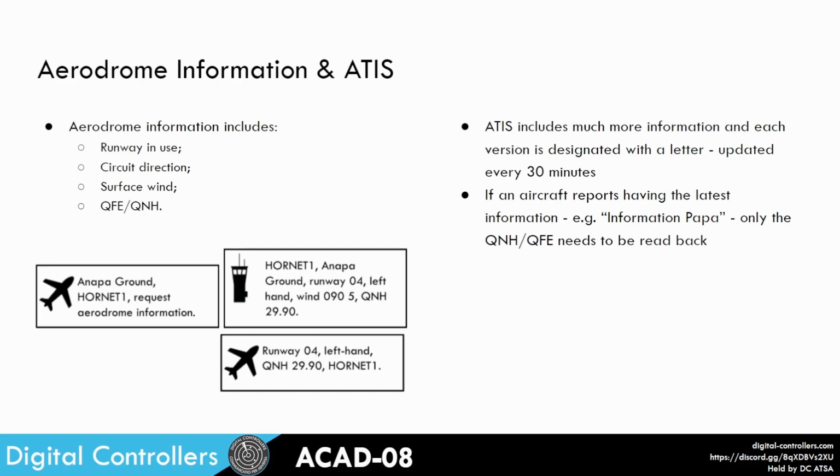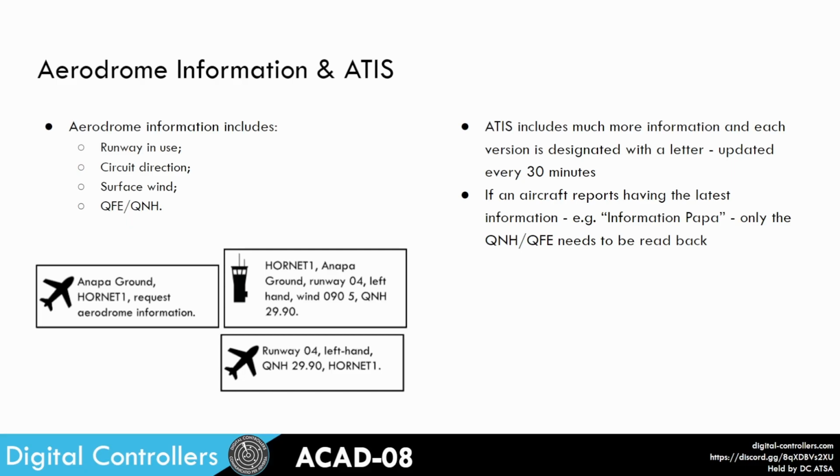So the ATIS, or Automated Terminal Information Service, will include much more information, and this also takes some of the workload off of the controllers at busy airports. The ATIS is updated every half an hour, and each new version is designated with another letter of the phonetic alphabet going up in sequence.